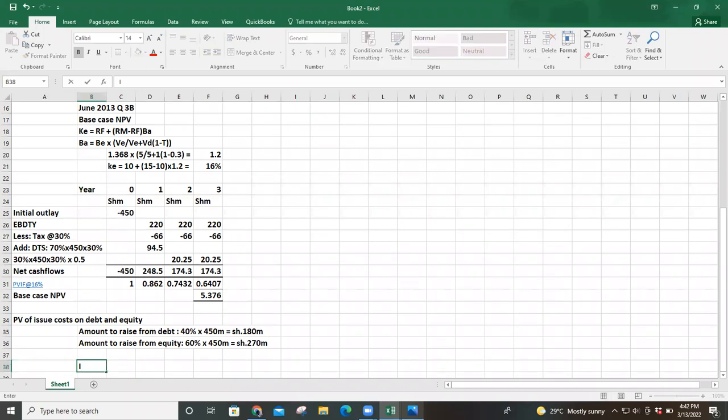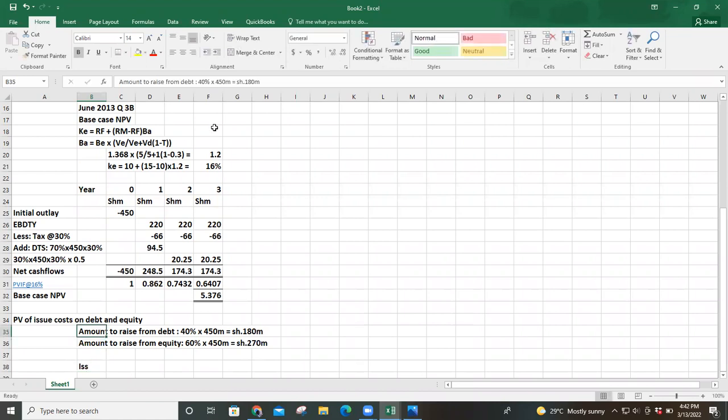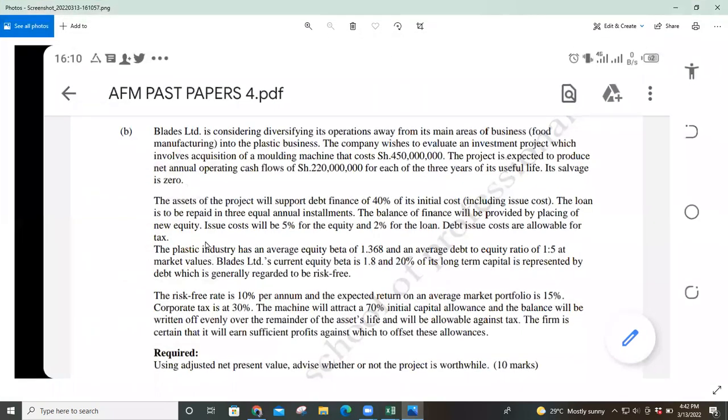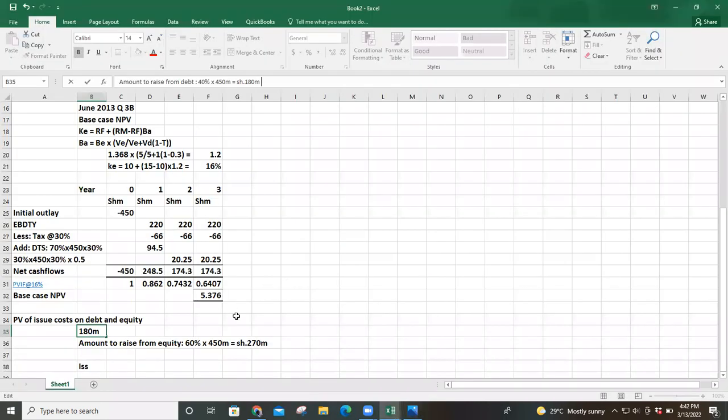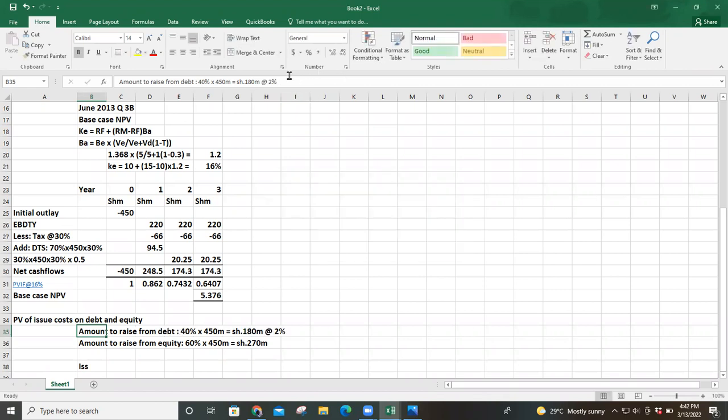Now the issue cost. The amount raised from debt is 180. The issue costs will be 5% for the equity and 2% for the loan.